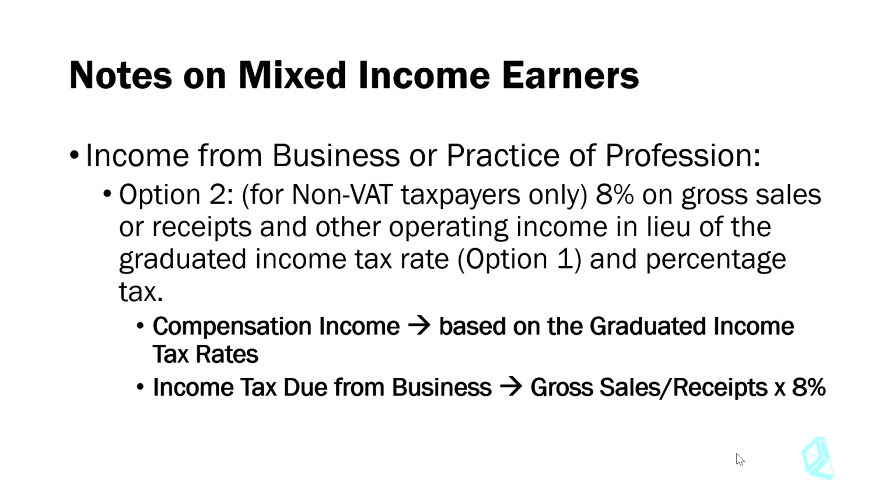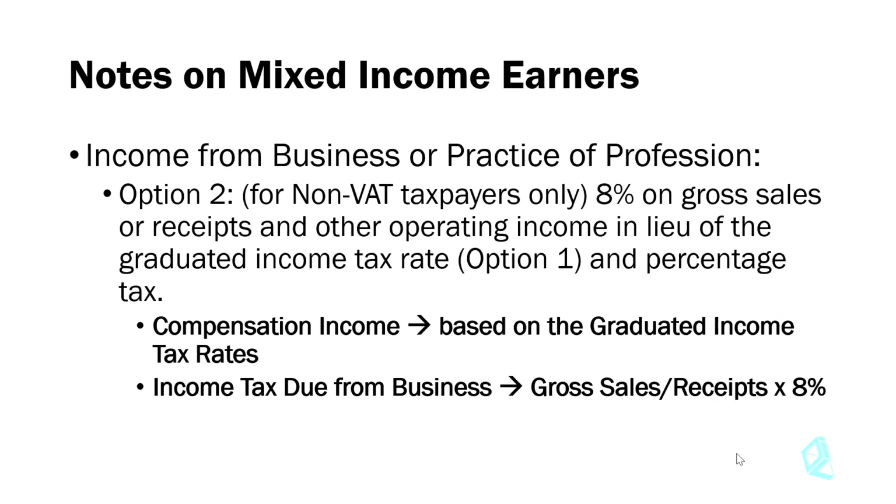So if you have two sources of income and you chose option number 2, the income tax for your earnings as an employee will be based on the graduated income tax rates. Now, your income tax due from business would simply be gross sales or receipts multiplied by 8%.